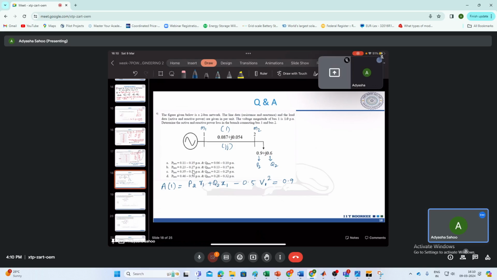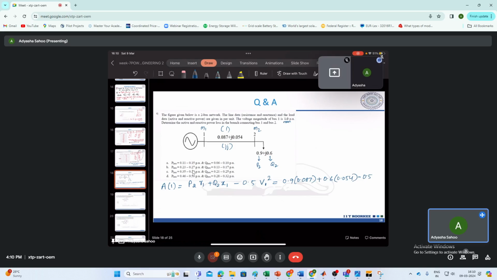R1 is 0.087, Q2 is 0.6, and X1 is 0.054. Then minus 0.5, V1 is 1, so 1 squared is 1. Doing this, we get 0.9 into 0.087 plus 0.6 into 0.054, minus 0.5.